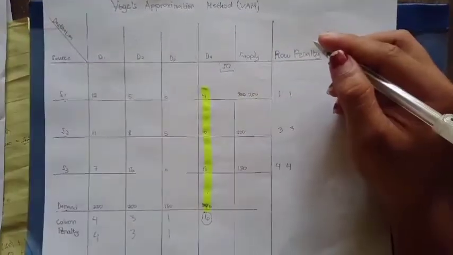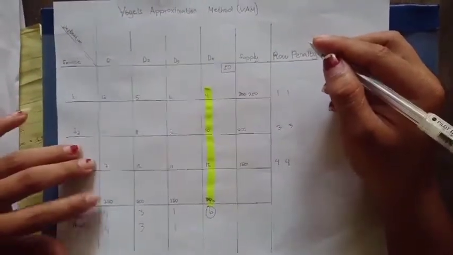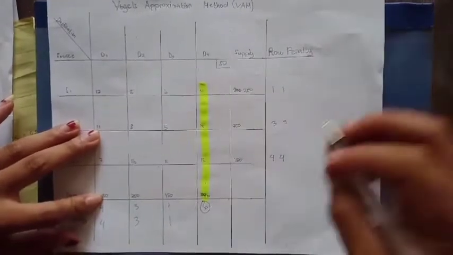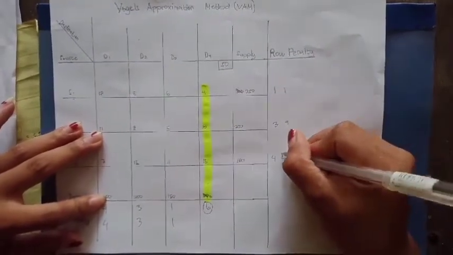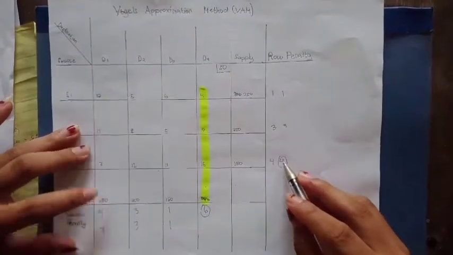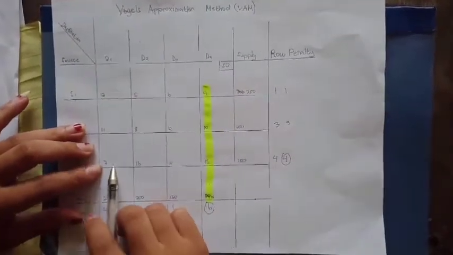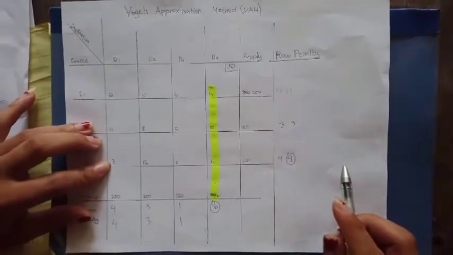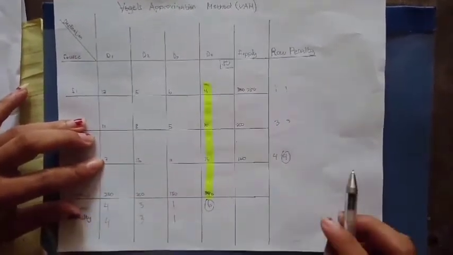And then we need to find the bigger value, so let's have 4. So here is the smallest value, so we need to start in 7.